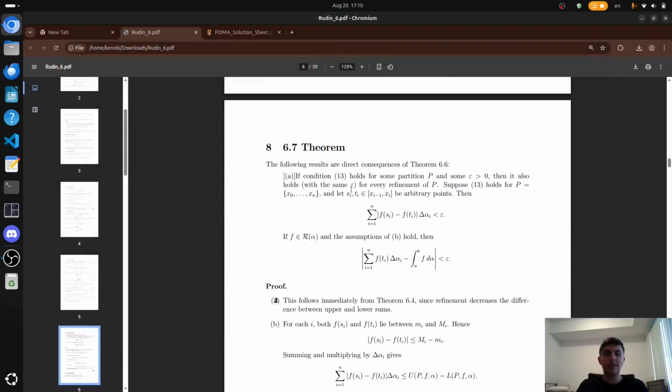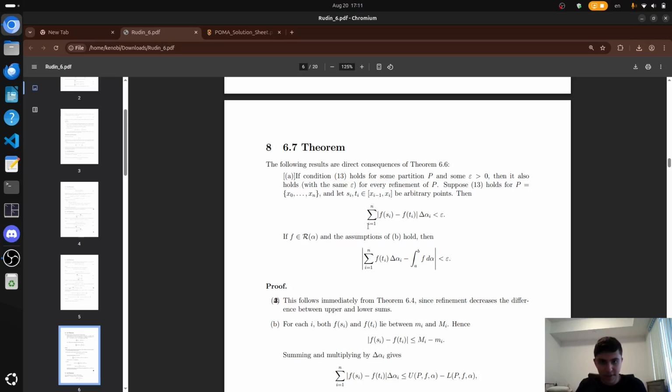Okay. Now we have the following theorem. If condition 13 holds for some partition P and some epsilon greater than 0, then it also holds with the same epsilon for every refinement of P. And suppose 13 holds for P equal to x0 to xn, and let si, ti be arbitrary points in the interval from xi minus 1 to xi.